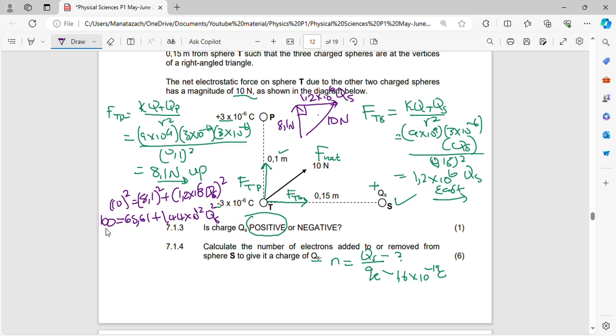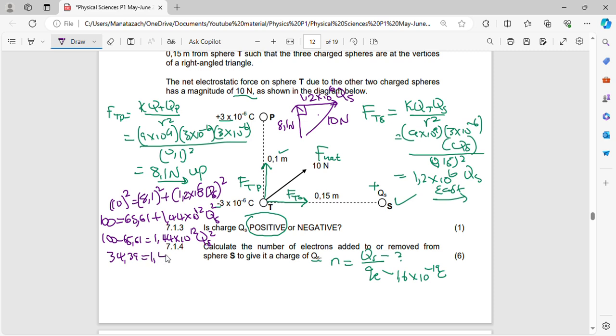So now let's just do some maths. 100 minus 65. The 100 will stay on the left hand side, then the 65 will become negative. That's equal to 1,44 times 10 exponent 12 QS squared. So 100 minus 65,61 gives me 34,39.